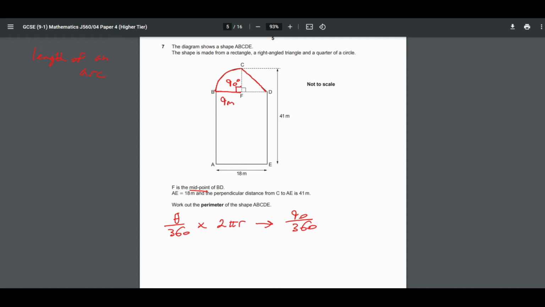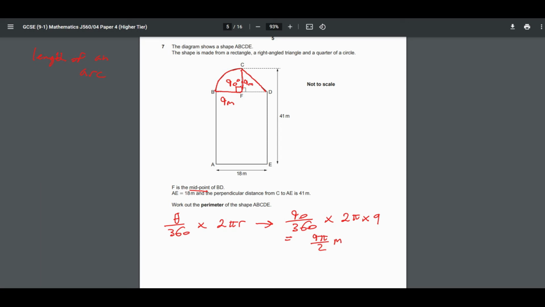And because this is a radius of a circle, C to F is also a radius, so that's also going to be 9 meters. So now that we know that, we can put this into a calculator. And the answer you would get in terms of pi is 9 pi over 2 meters.